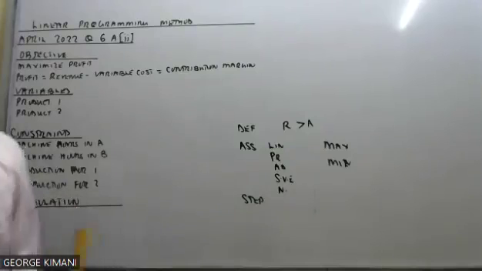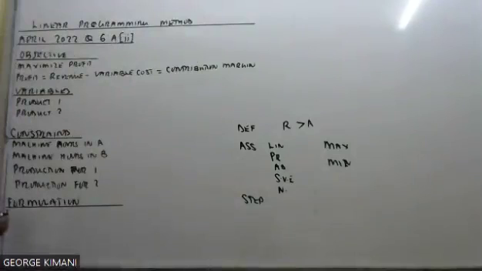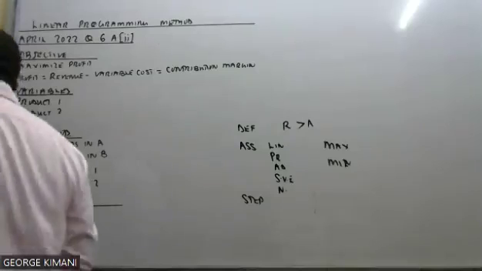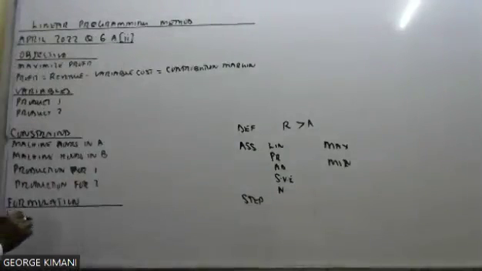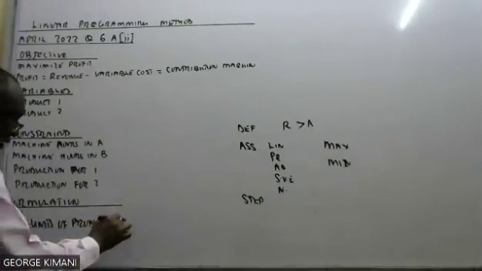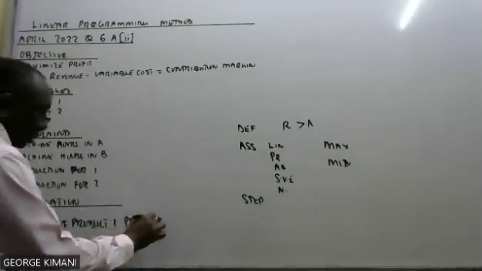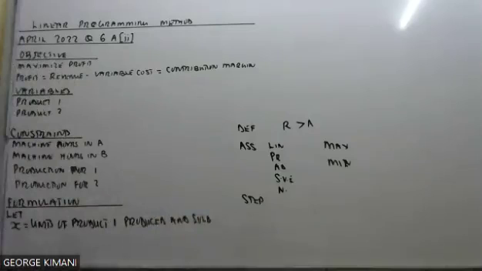In doing the formulation, we will say, let X be equal to units of product 1 produced and sold, not product A, product 1.